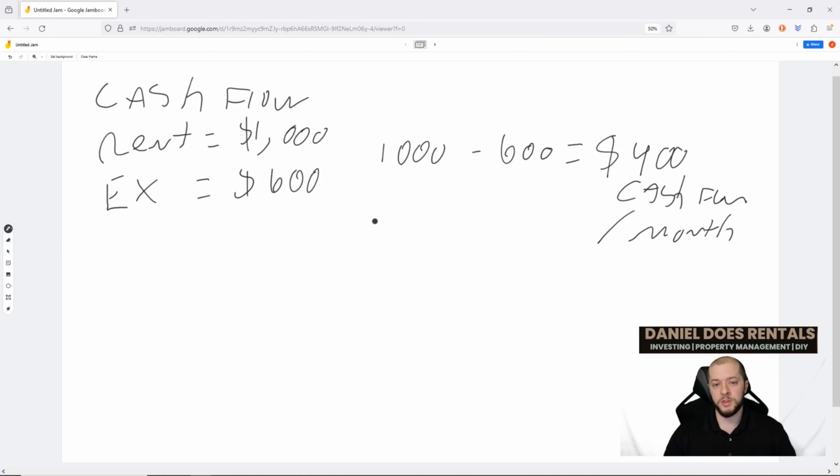Okay, now that we have our monthly cash flow, let's convert that to yearly cash flow. So we're going to take 400 times 12, and we're going to get 4,800. That is our yearly cash flow.